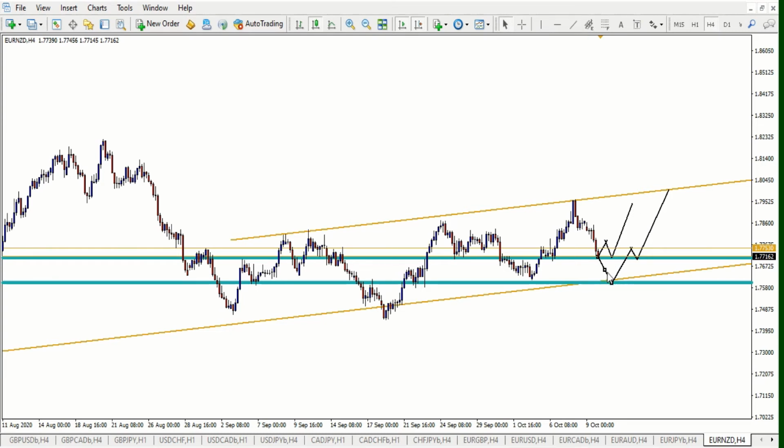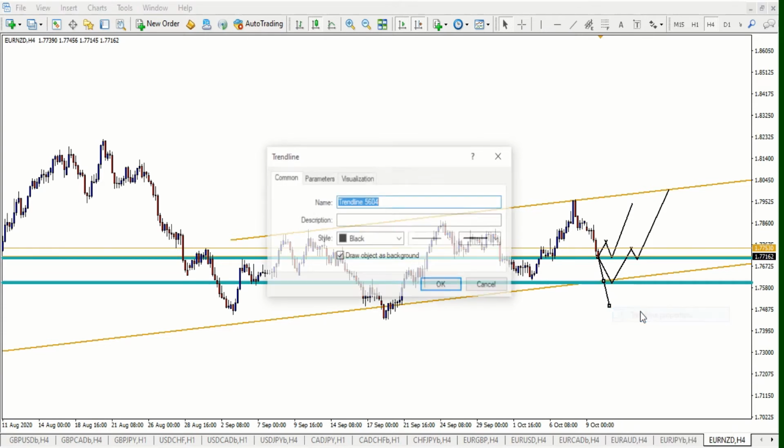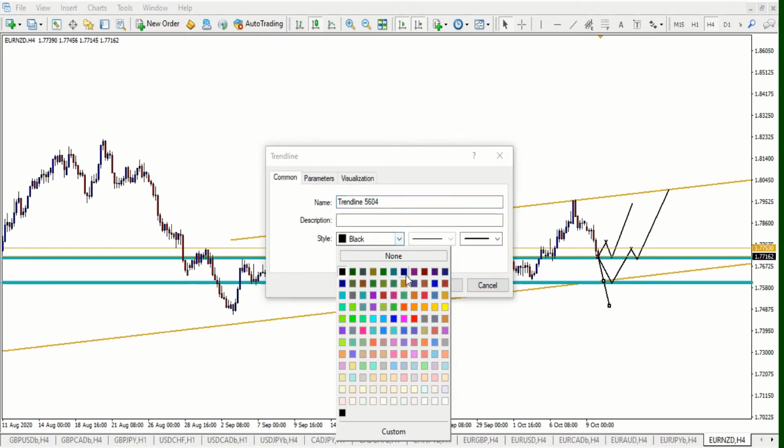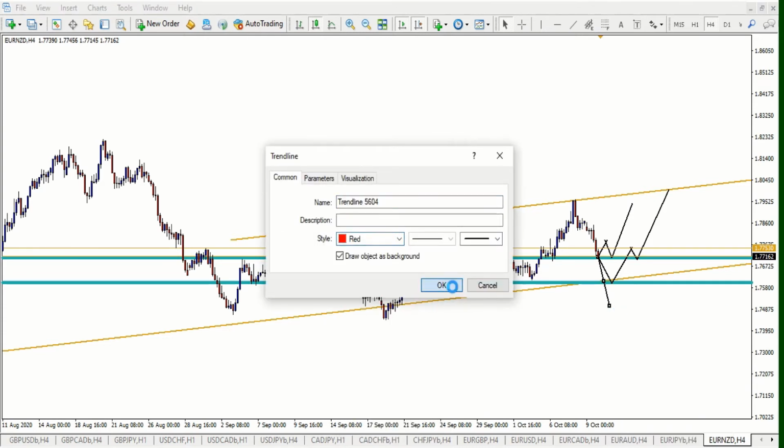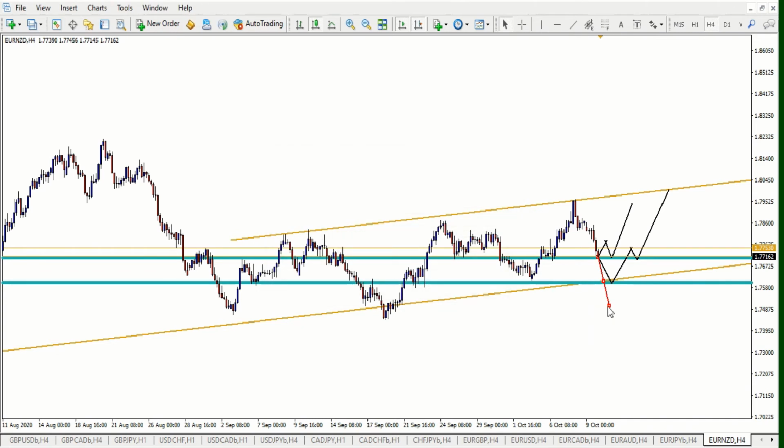However, an invalidation of this would be if the market breaks through the channel, the upward channel, right, invalidating the uptrend, okay, then coming back to hit that resistance zone, then making its way down. All right, so that's what we're looking for the Euro New Zealand dollar.